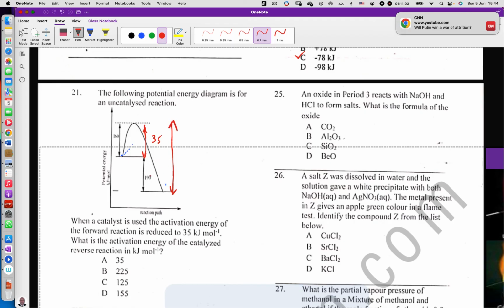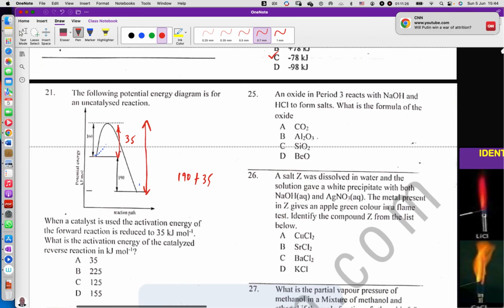So it will be 190 plus 35, because we have been told the forward is reduced to 35. This is the activation energy for the forward reaction.